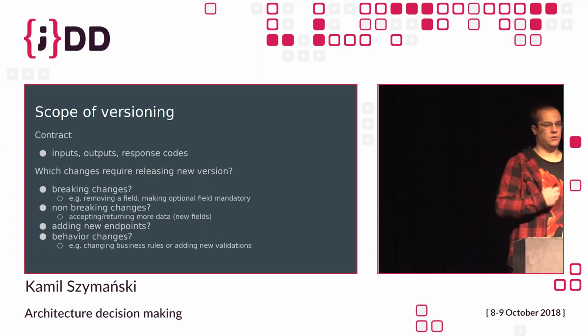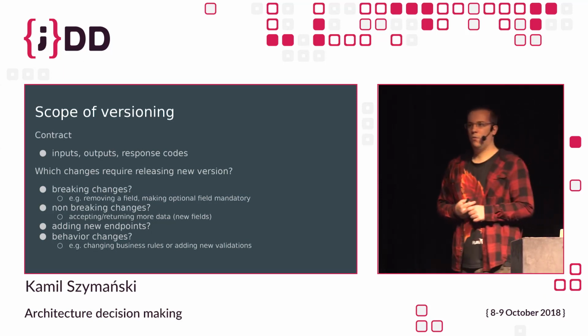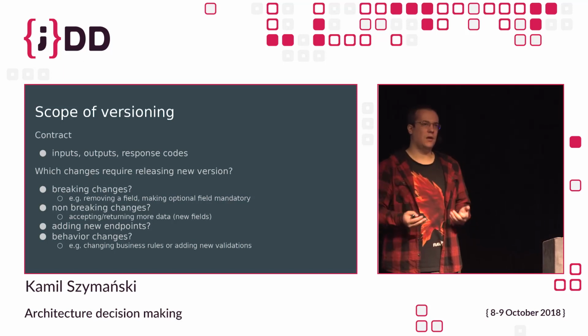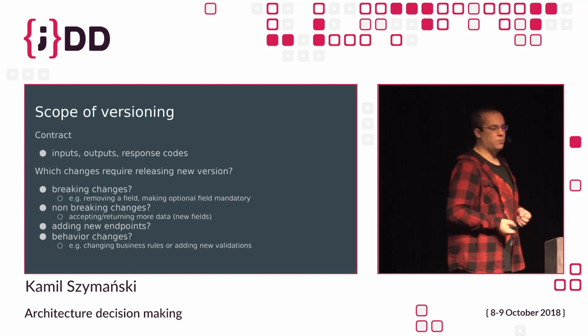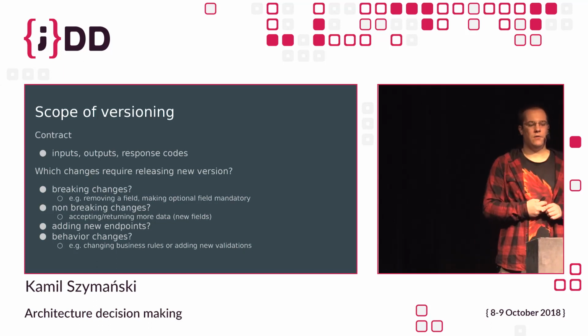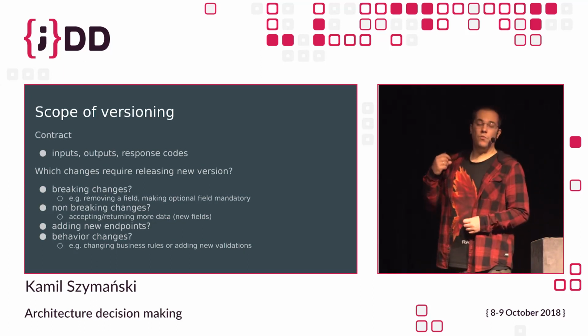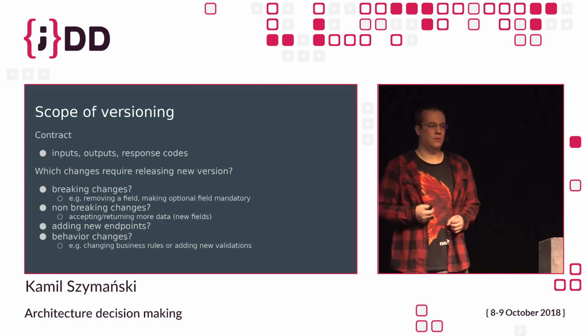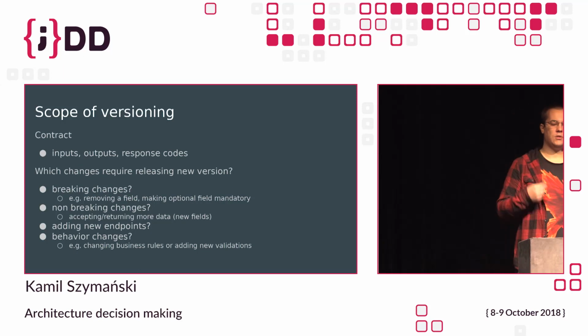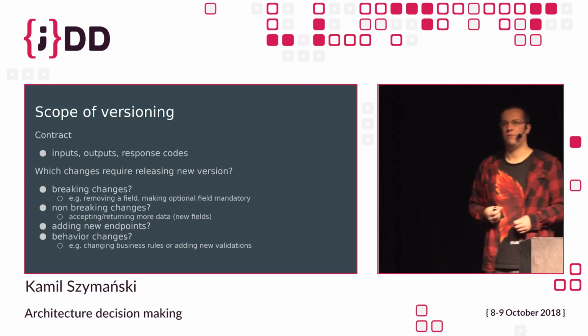What is the version, first of all? We can say that the version is some kind of a contract that takes into account inputs, outputs, and response codes. This is not enough. We need to define when the contract changes. For example, breaking changes should result in the release of a new API version.